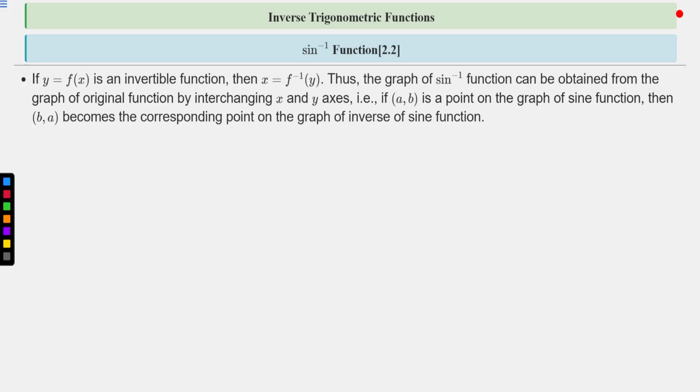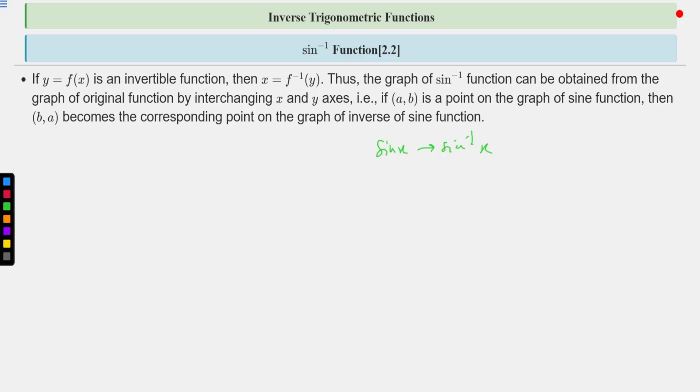If (a, b) is a point on the graph of the sine function, then (b, a) will be the corresponding point on the graph of the sine inverse function, because sin x and sin⁻¹x are inverses of each other.